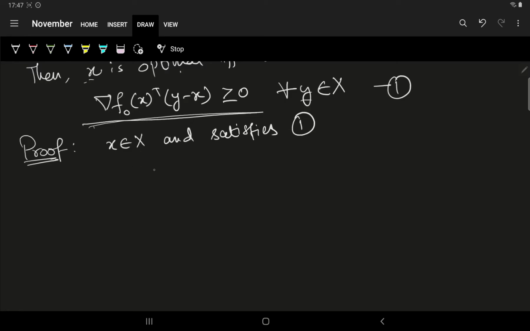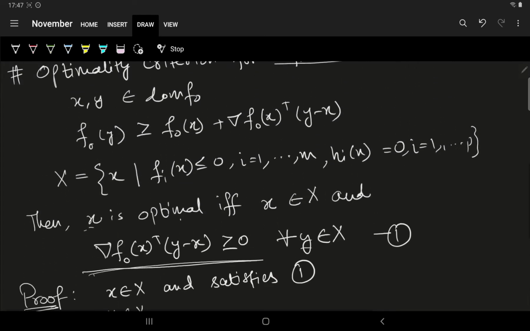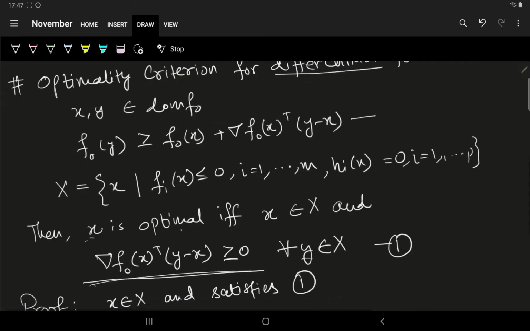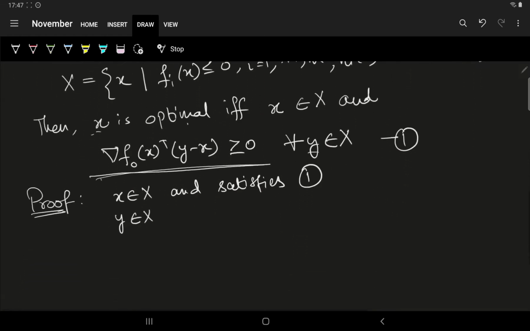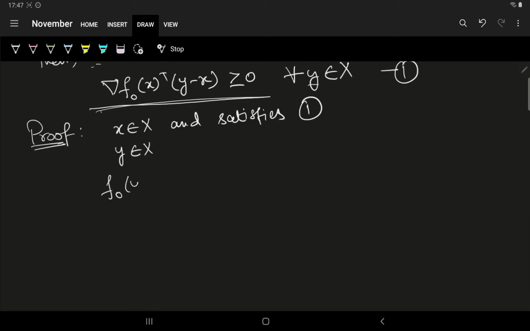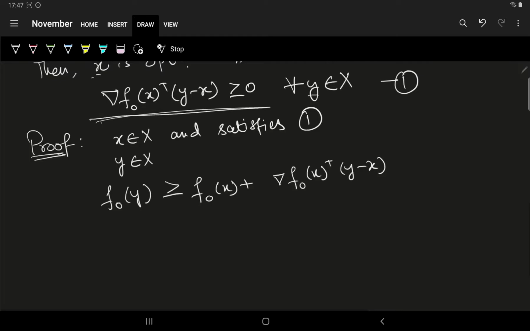Then we choose a y that belongs to capital X, and by this equation we see that f naught of y is greater than or equal to f naught of x plus del of f naught of x into y minus x. We just said that it satisfies equation 1, so this is a positive value.